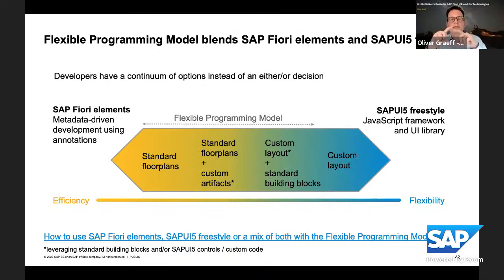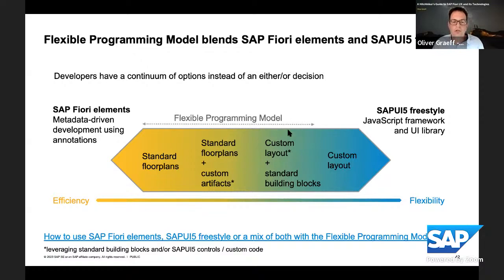But maybe in some area of the screen, you want to reuse a table and a filter bar with the filter, with the export to Excel and the value helps and everything. You want to have this out of the box.